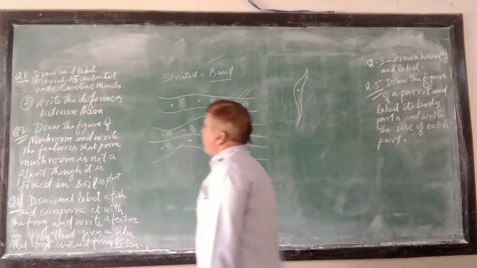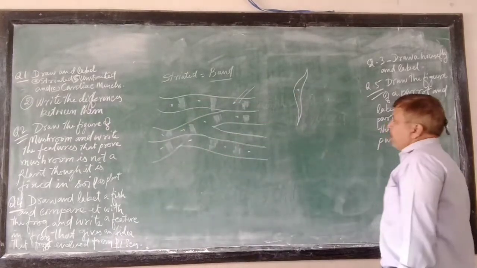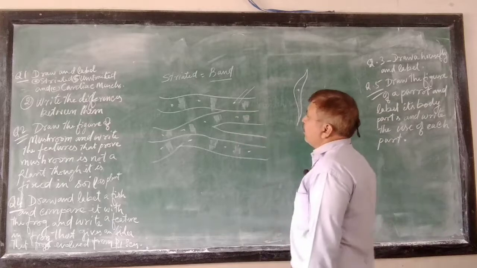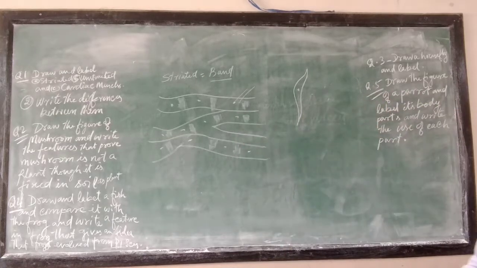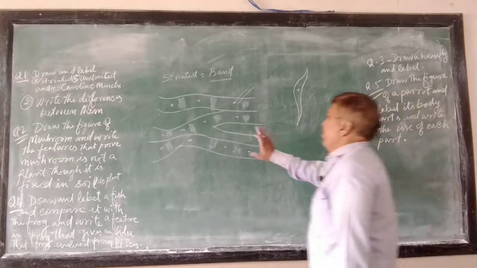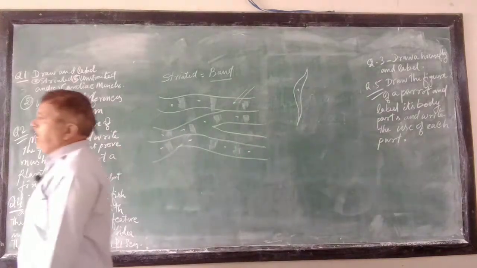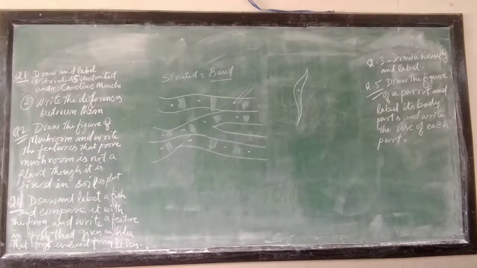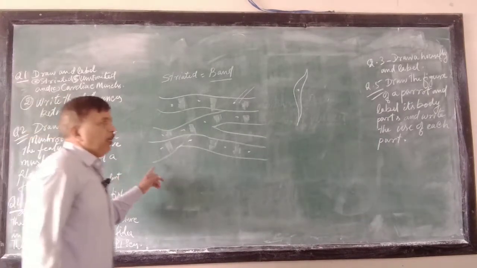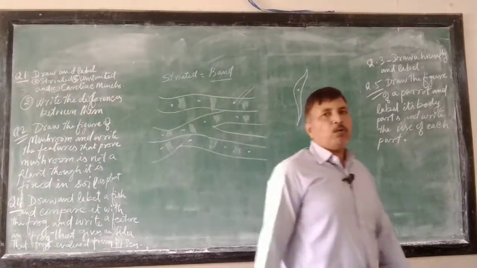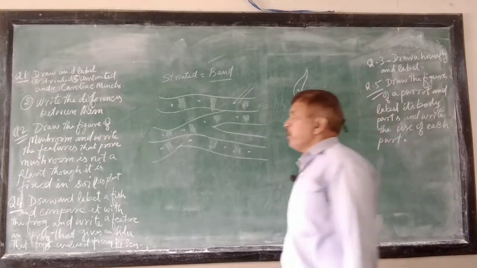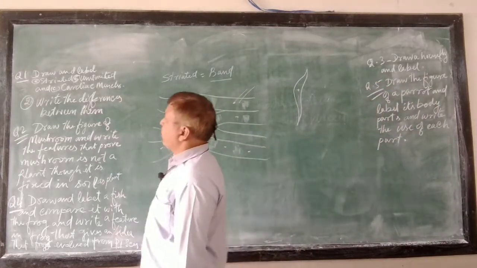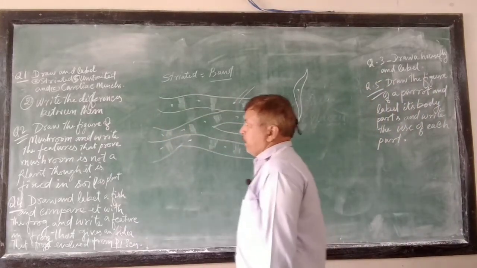Then cardiac muscles, they are like striated muscles only, but they are not having many nucleus like this. Clear? So, you have to go through the figures given in your book and you have to draw their structure.